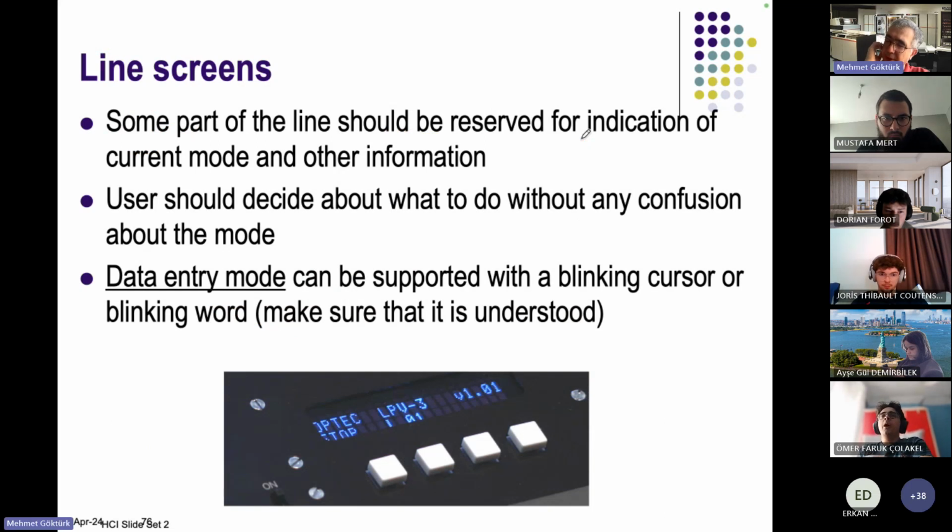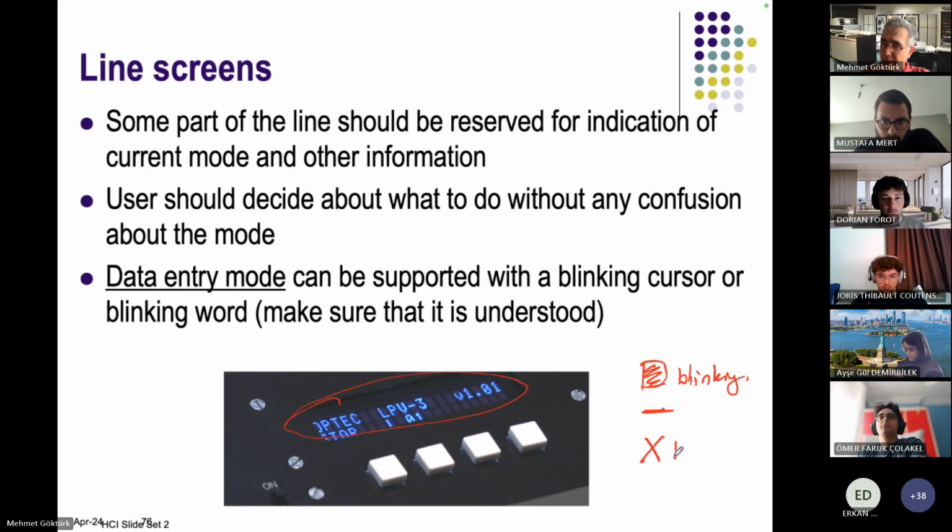On a one-line screen, for example, mode is very difficult to convey because there is not much space. So how do you do it? You do it with a blinking cursor, an underlining cursor, or a cross square.